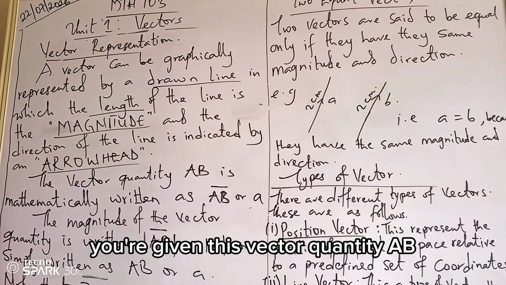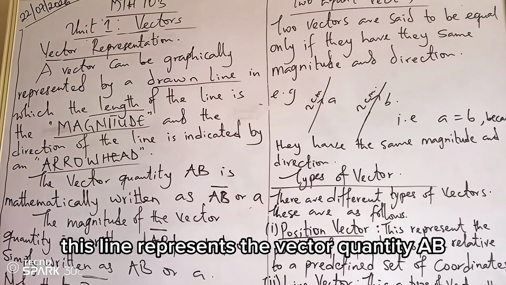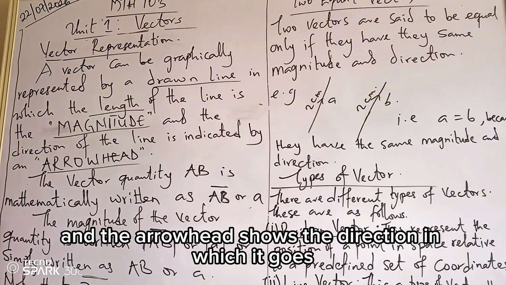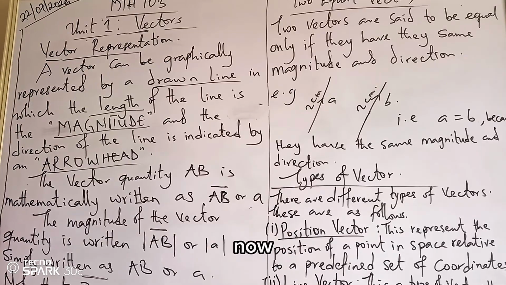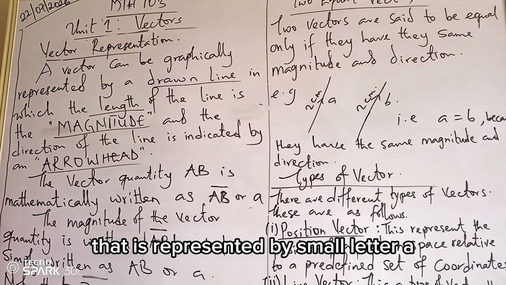What do I mean? For example, you're given this vector quantity AB. This line represents the vector quantity AB, and the arrow edge shows the direction in which it goes. Now, vector quantity AB is equal to vector quantity a, the small letter a.